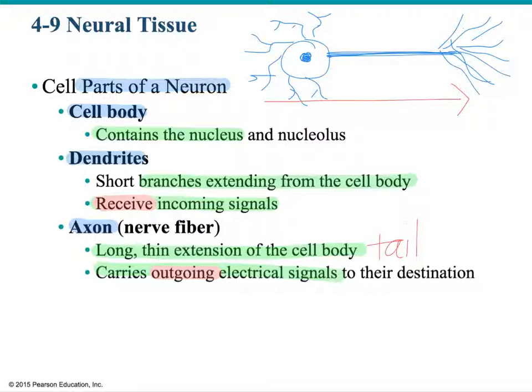I'll throw some more knowledge at you here. These axons, okay, they're wrapped around by fat called myelin tissue. That makes the signal travel faster. So they're wrapped around by this, it's called a myelin sheath, and it's really just fat, and it speeds up the chemical or electrical signal.